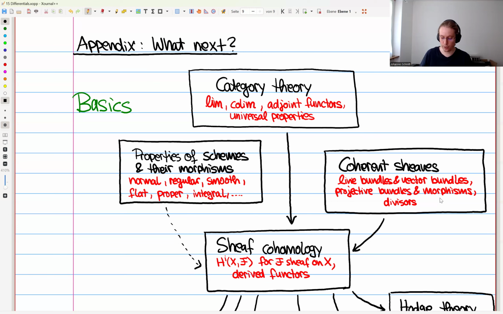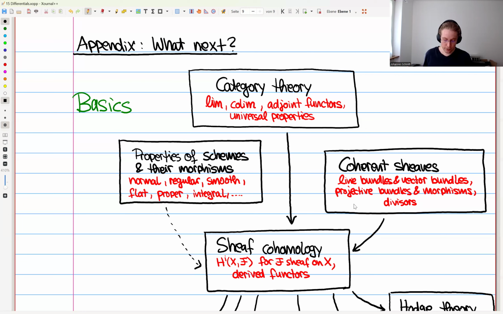And then finally, an important characterization: there's a relationship between line bundles on a suitably nice scheme and so-called divisors, which are basically sums of codimension 1 subschemes. And so this would go more in this direction of the sheaves that we have seen.